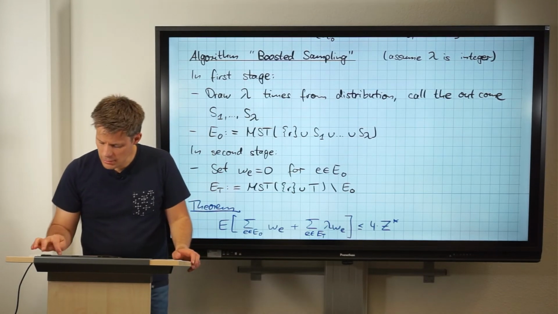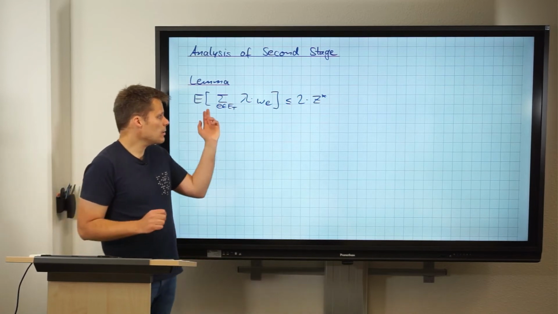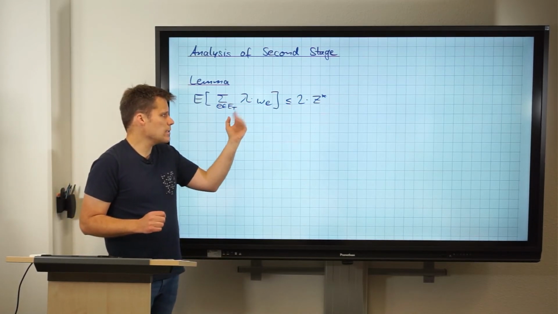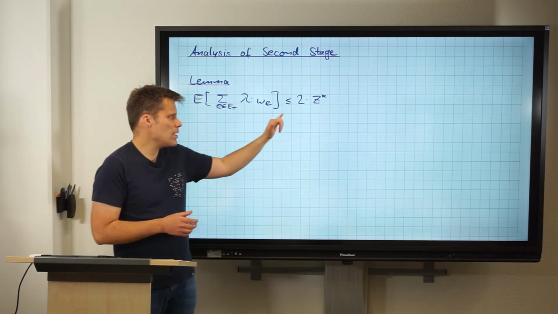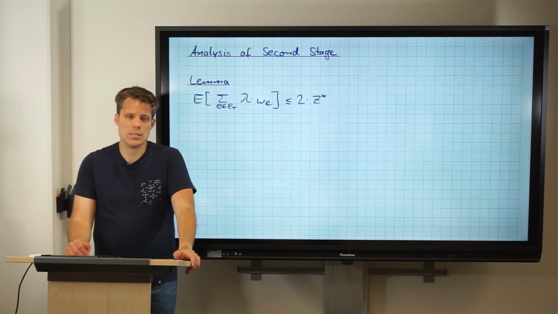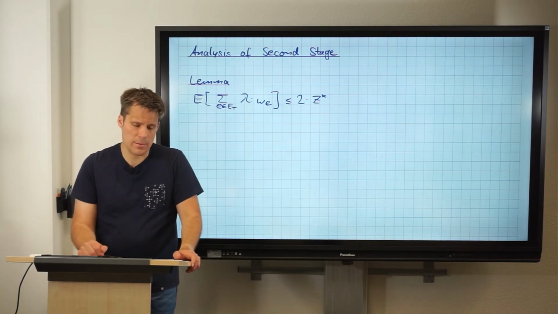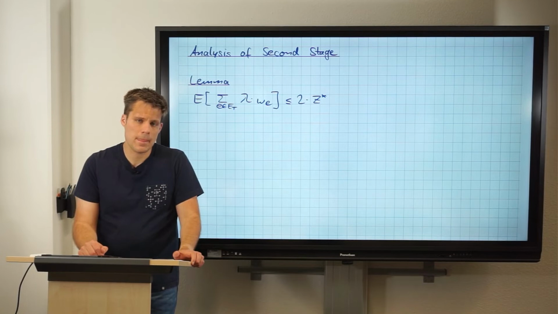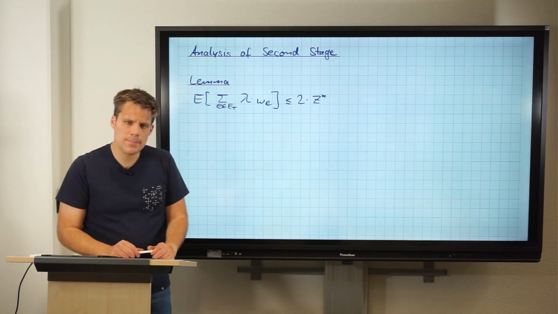And what do we now claim? We now claim that the expected cost of the second stage, so lambda times the respective edge weights, is at most 2 times the cost of the optimal policy, or 2 times the expected cost of the optimal policy. And how do we do this?